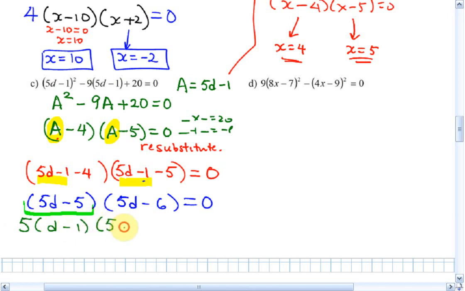And this would be your completed factored form, which is great. But now you're in grade 11. I don't want you just to factor. I want you to also solve. So what do we have as our answers? d equals 1. And over here, d equals some ugly fraction. How about 6 over 5?